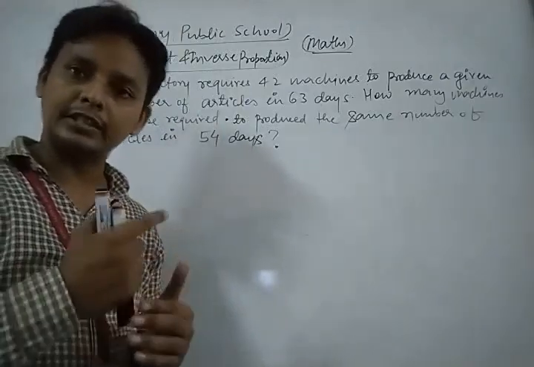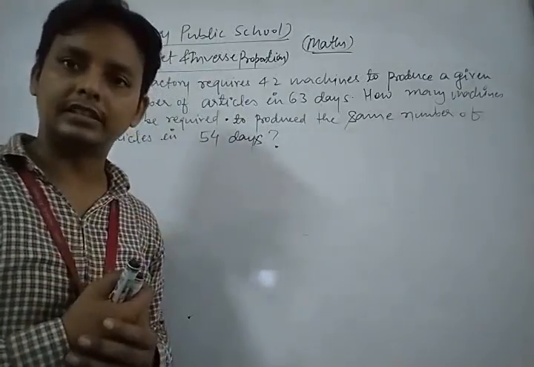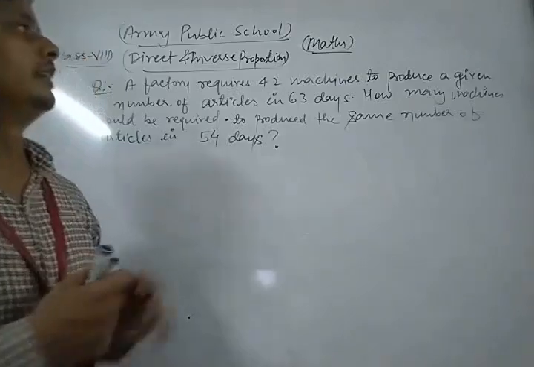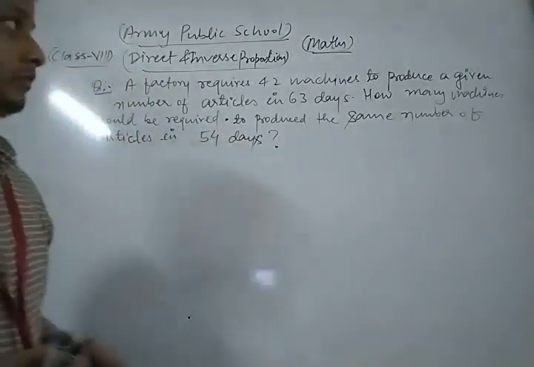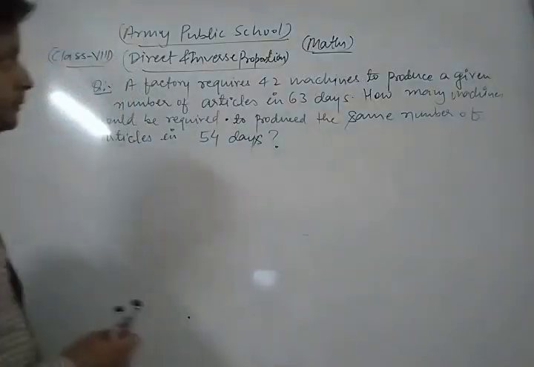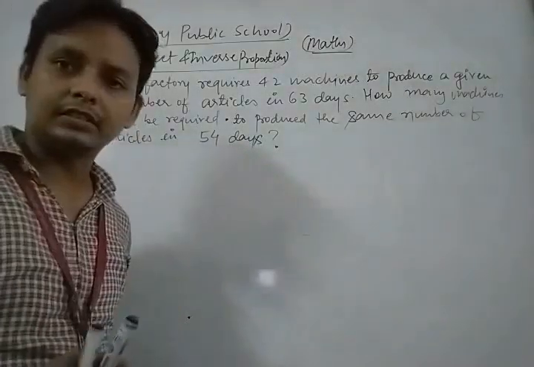If the number of machines decreases, then the number of days increases. So in this way, there is an inverse proportion between the number of machines and the number of days.